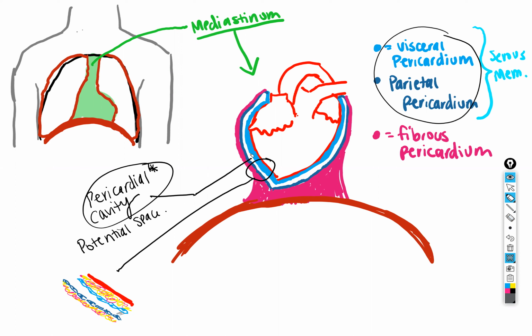But there's also not a physical gap in this space in a healthy living person, and there's not supposed to be. So the pericardial cavity should be 2 layers of squamous cells almost touching, and then separating them is some fluid, and that basically serves the heart. So as it beats, it's not generating friction with its surroundings.